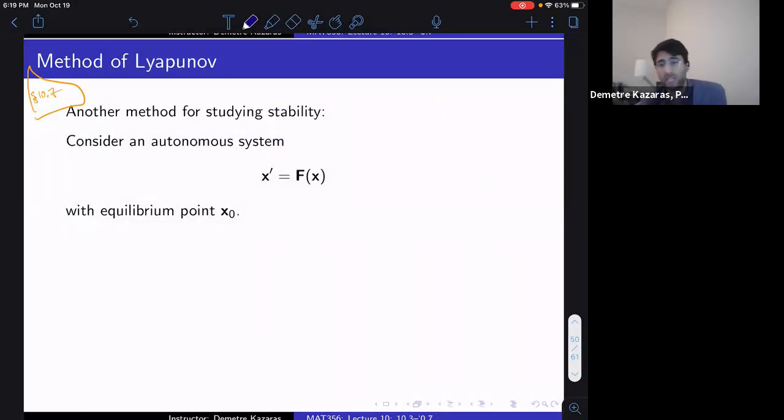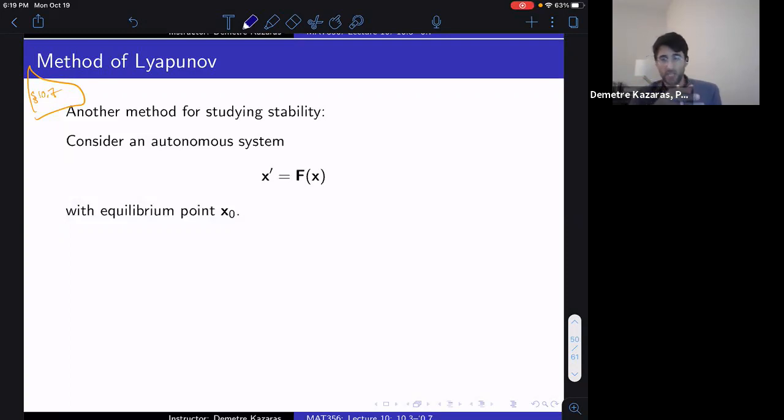So this is very much related to what we were just talking about, but a little bit more general idea. Okay, so here's another method for studying stability or long time behavior. Generally, another technique for quantitative analysis of a nonlinear system.